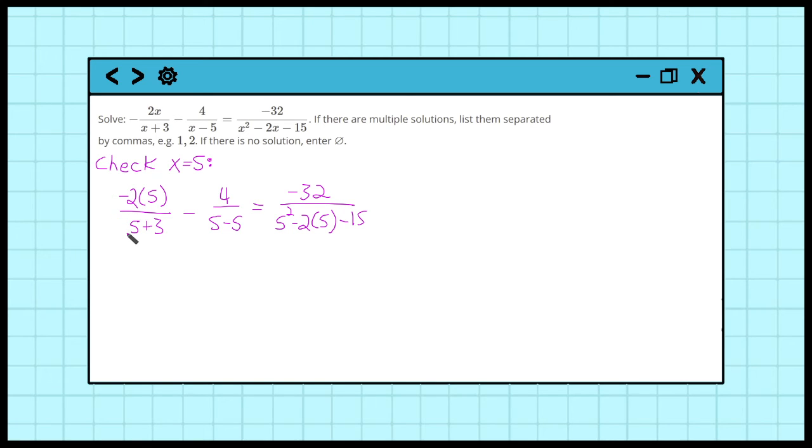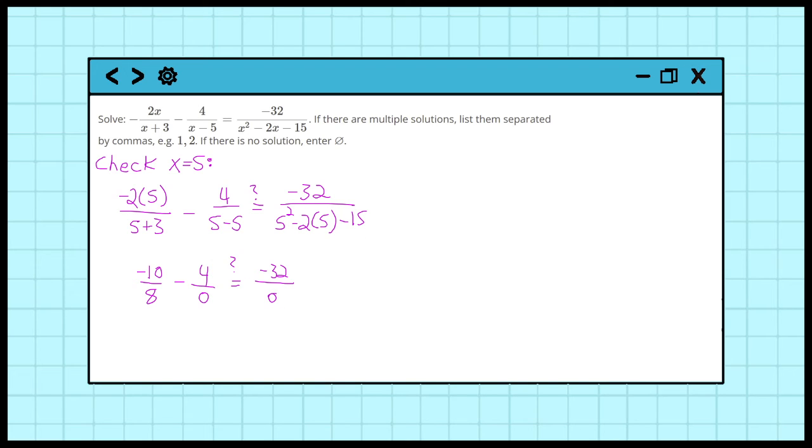So I'm going to simplify each fraction as much as I can. In this first fraction, I have -10 over 8. Okay, well, we can come back to that in a minute. Here I have 4 over 0. Okay, so over here, I'm going to show you how it would simplify, just for posterity mostly. 25 minus 10 minus 15 is also 0.